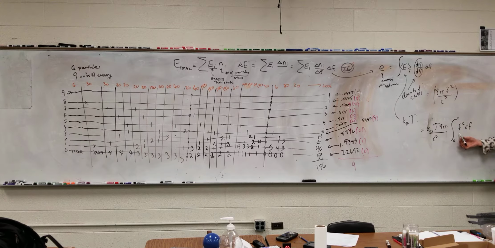Now I know calculus is not something that you're doing every day, but basic polynomial, what's the integral of f squared df? 2f df? No, that's the derivative. We're going the other direction. It's something f cubed over 3.